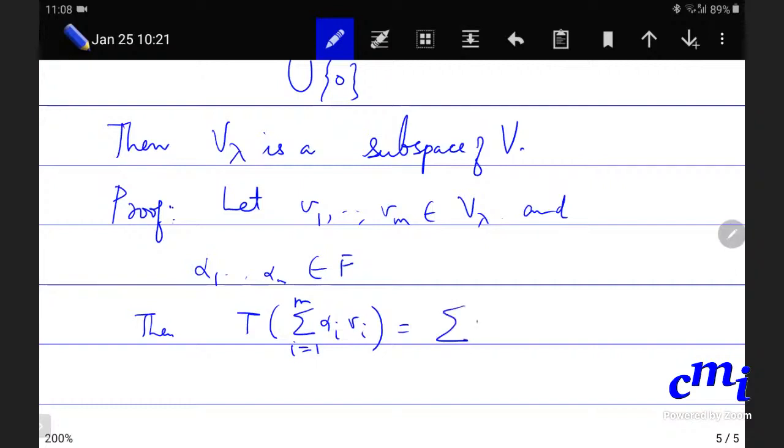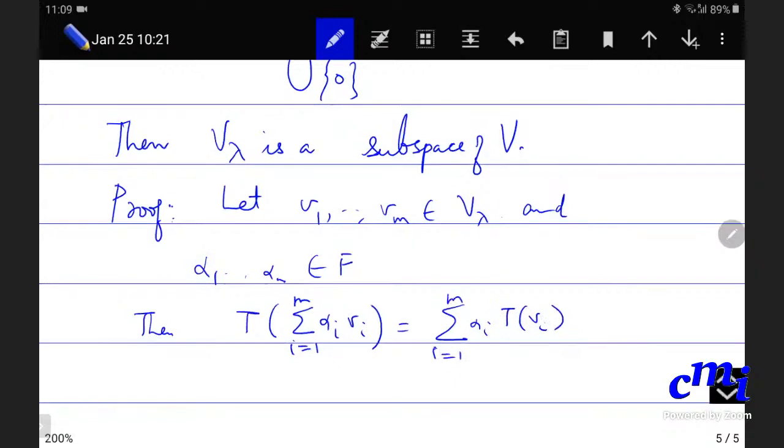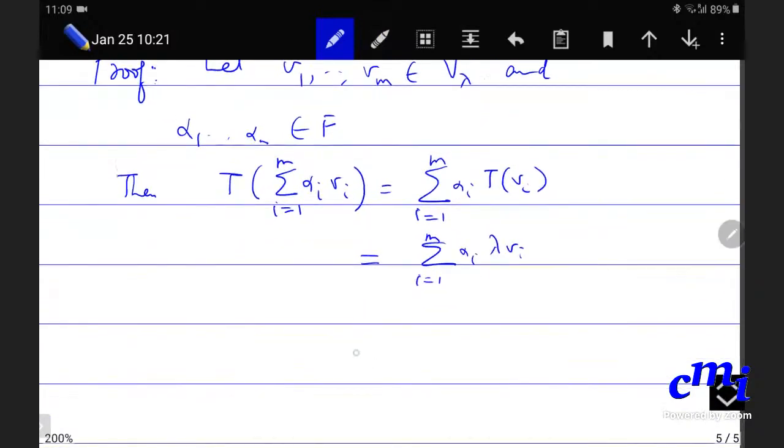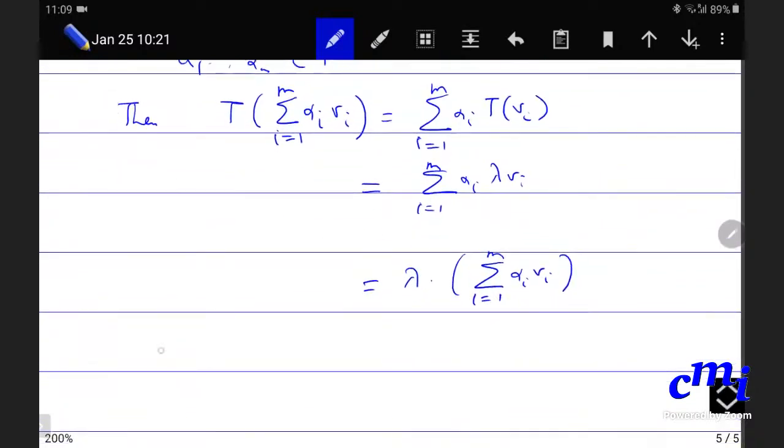So this is just the sum of alpha i T of Vi. But T of Vi is lambda Vi, so this is alpha i lambda Vi. And that is just lambda times this thing.